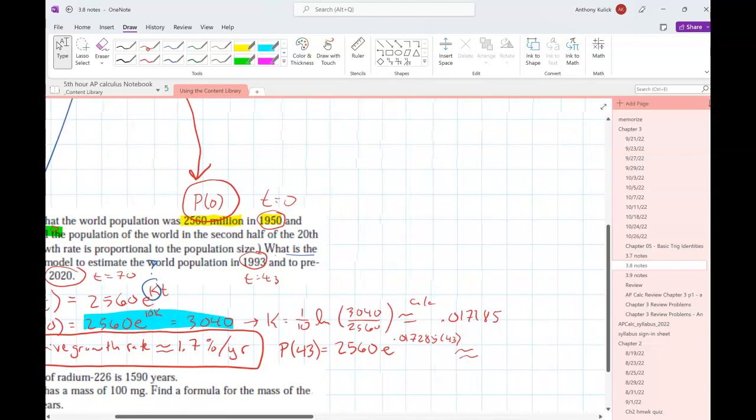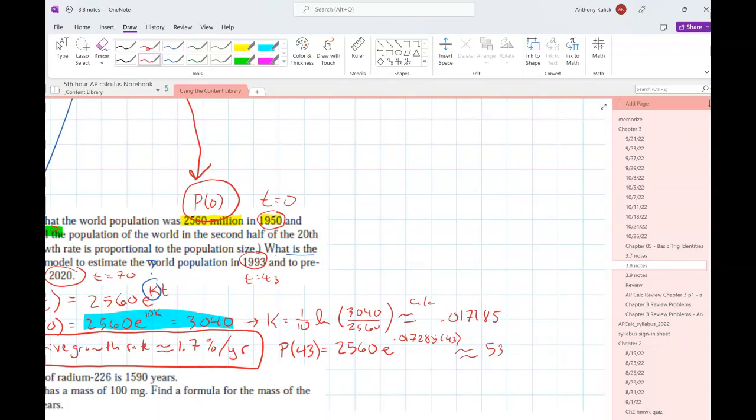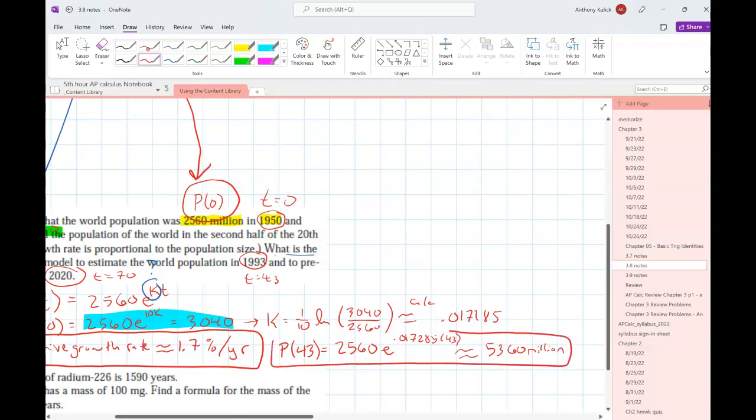So when I plug that in, I get 5,360 million. And then we do the same thing for 2020, except we're plugging 70 in.